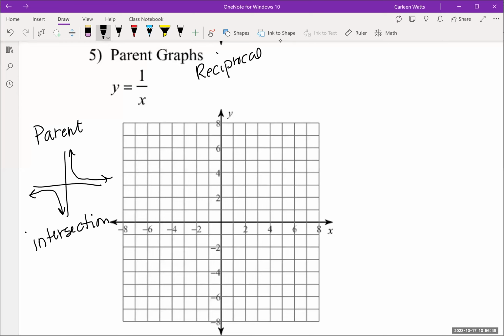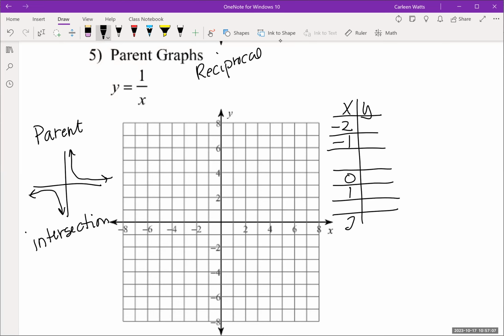So let's make a table. -2, -1, leave a space. 0, 1, leave a space, and 2. Because we are going to want to see what happens to the fractions.